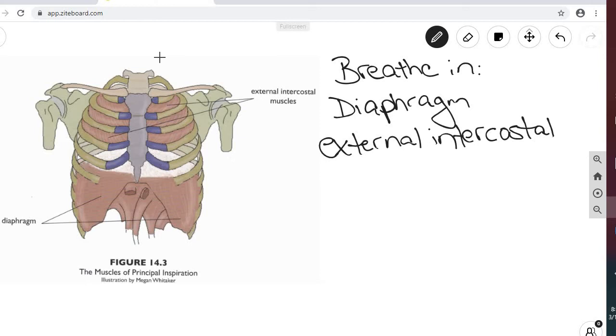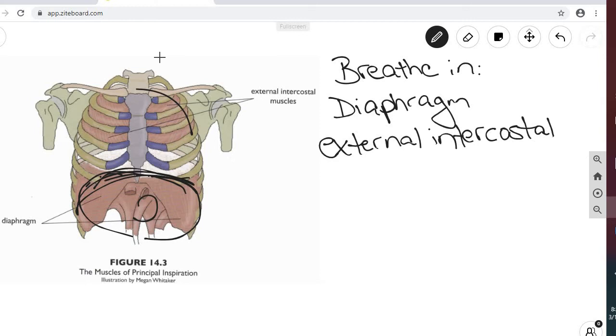external intercostals. So, as you know, the diaphragm is this big sheet of muscle that divides the chest cavity from the abdominal cavity. So chest cavity here, abdominal cavity here, and this big sheet of muscle that separates those is the diaphragm. When you inhale, the diaphragm contracts, which means it shortens and pulls downward.